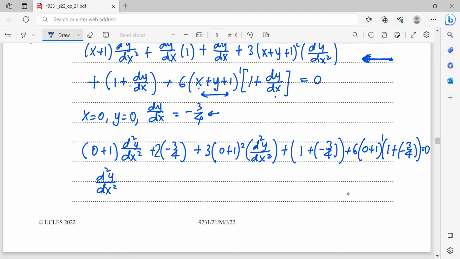Then the second term is going to be negative 3 over 2 when you simplify. Then the next term is 3d squared y over dx squared. When you simplify this, it is plus 1 over 4. Okay, I think I made a mistake because this 1 plus dy dx. Okay, let me check the working here.